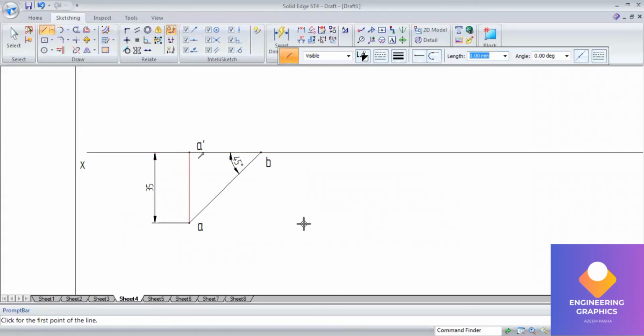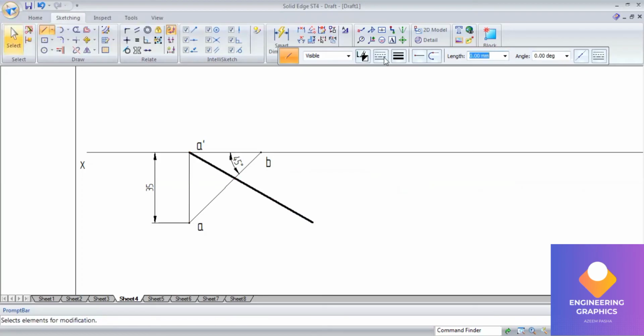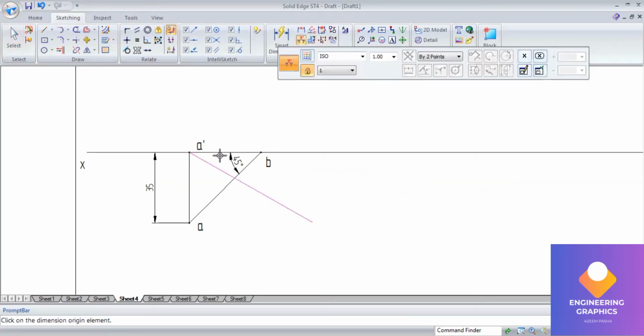So from this end I'll be mentioning an angle minus 30, enter. Okay, so from that B point I'll be drawing one vertical line downward.